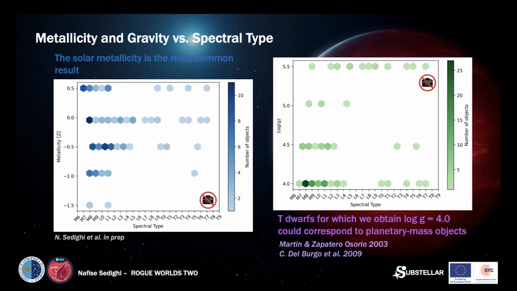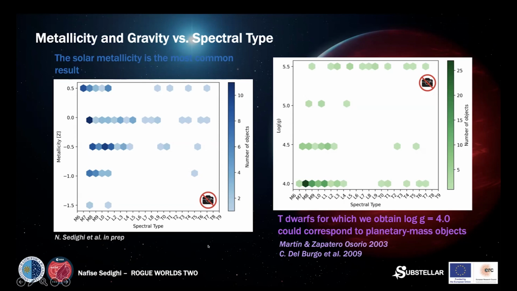But for the T dwarfs for which we obtained the gravity, we can say that these might be planetary mass objects.